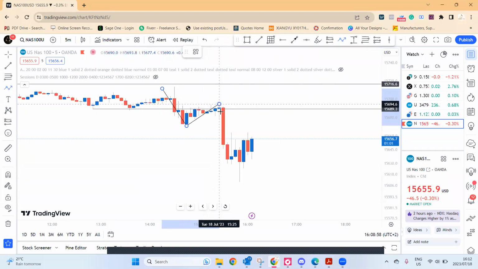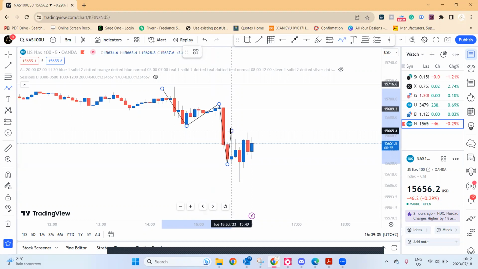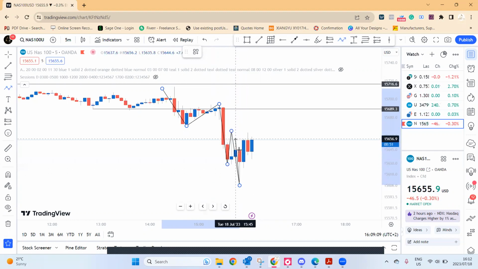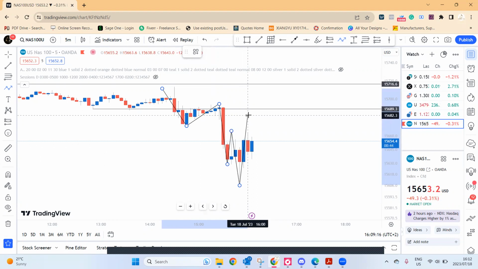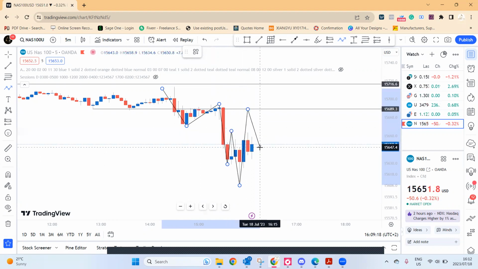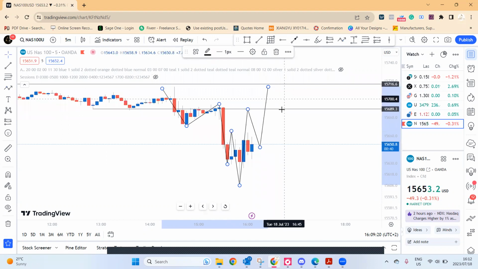Then we created a lower high, then a lower low right here, so we are in this range now. If we get a break to the upside, we have a change of character, and then we might look for entries on a fair value gap. So fair value gap entry, and then target whatever we target.